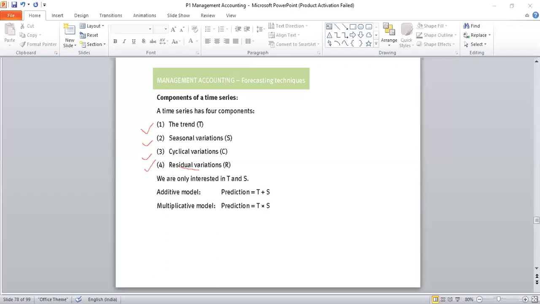That is under time series. A period of time is taken, the data is observed and studied to establish the trend. After the trend is established, the seasonal, cyclical and residual variations are incorporated into this data, and that is taken to forecast the data for the future.